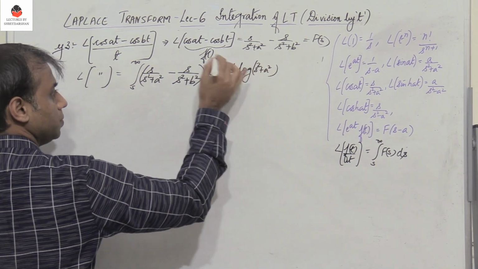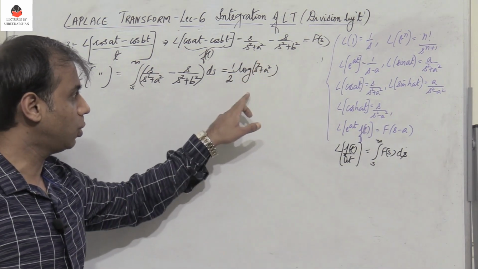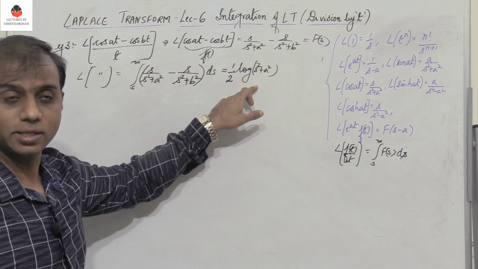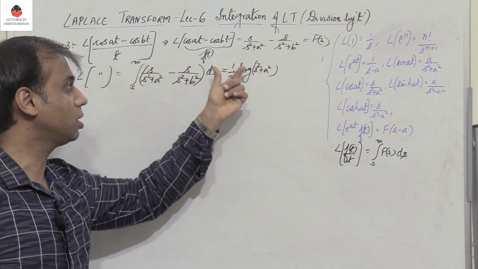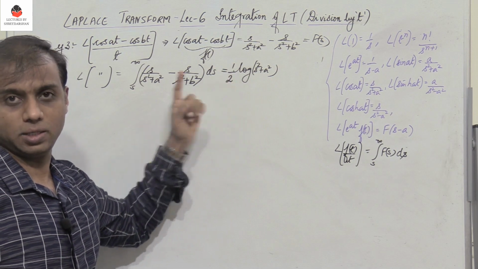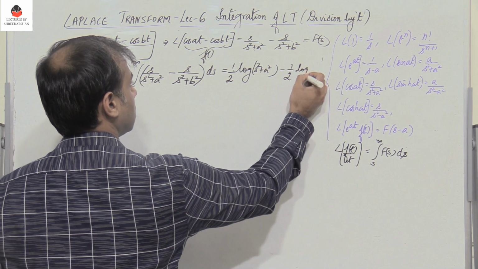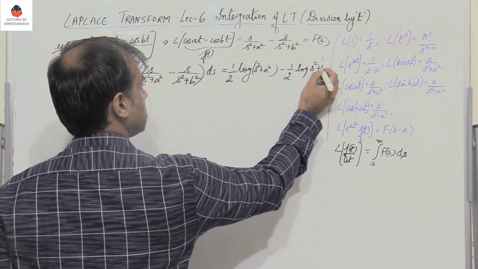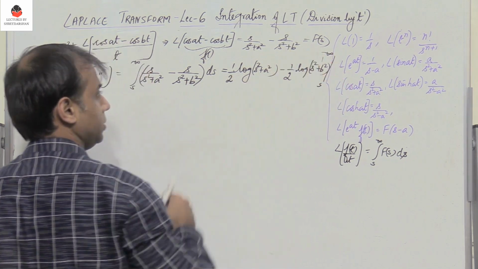If I differentiate log s square plus a square, I get 1 by s square plus a square into 2s, but I do not have 2 here, so multiply the log with 1 by 2, minus again half log s square plus b square, within the limits s to infinity.